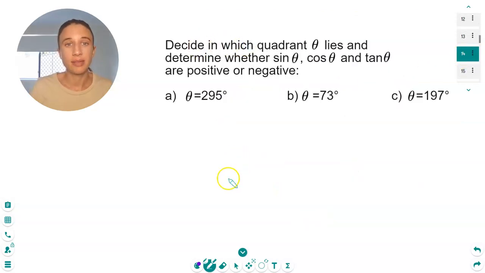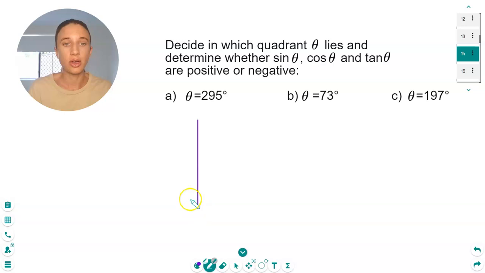So let's have a look. Decide in which quadrant theta lies and determine whether sine theta, cos theta, and tan theta are positive or negative. Let's draw in where this angle would lie on the Cartesian plane. Theta is 295 degrees. So I start by drawing a Cartesian plane, and let's put in the angles 0, 90, 180, 270, 360.